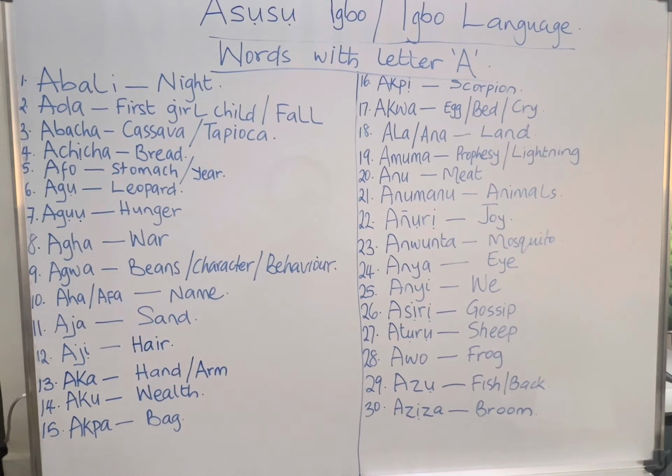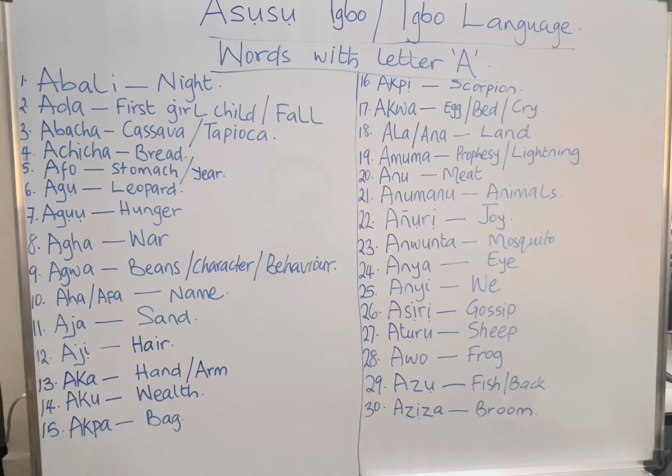Here we have about 3 meanings and 3 pronunciations. Same spelling, 3 different pronunciations and 3 different meanings. Aqua is egg.